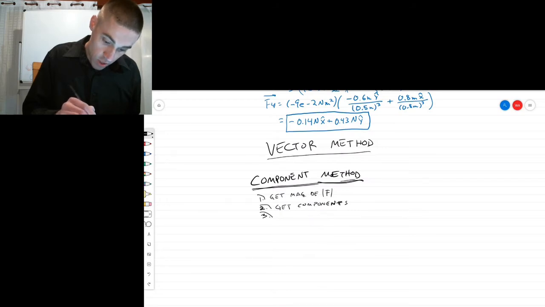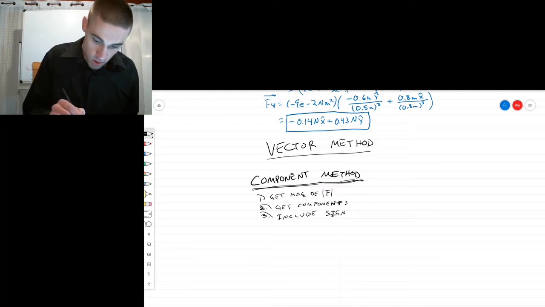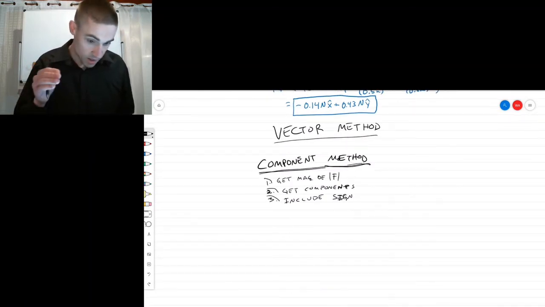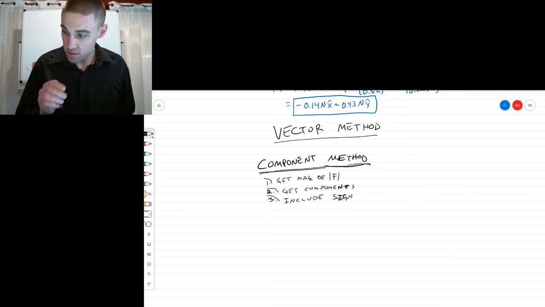Then that takes trig, and then you're going to finally include the sign. Include the sign of each individual force that contributes. Okay, so let's do an example, the exact same problem using this component form.